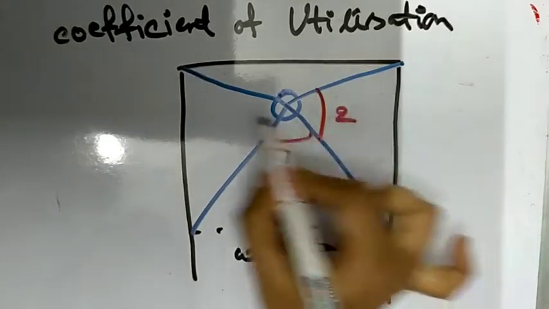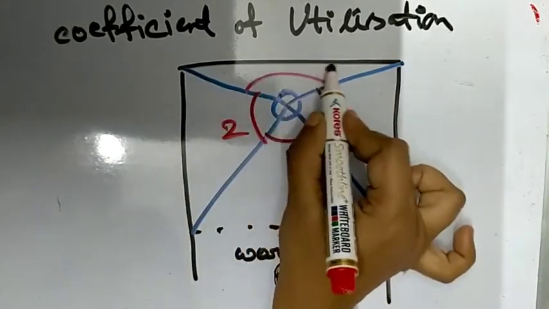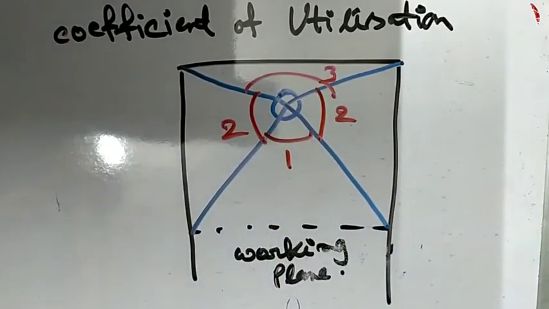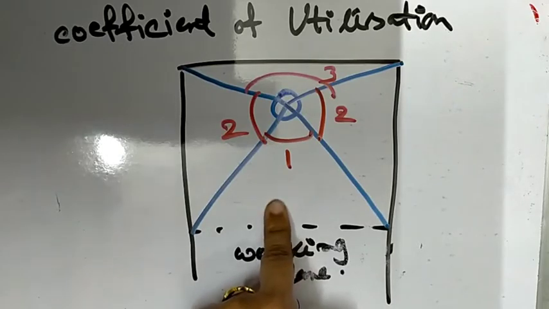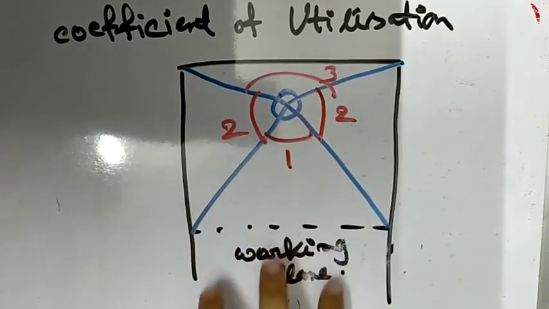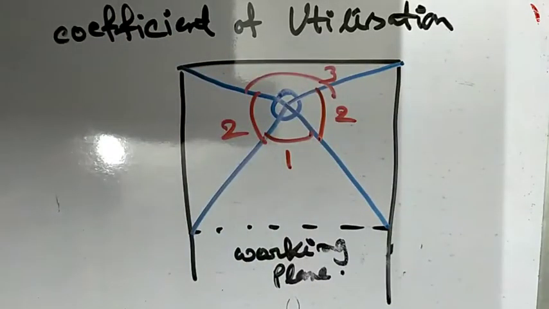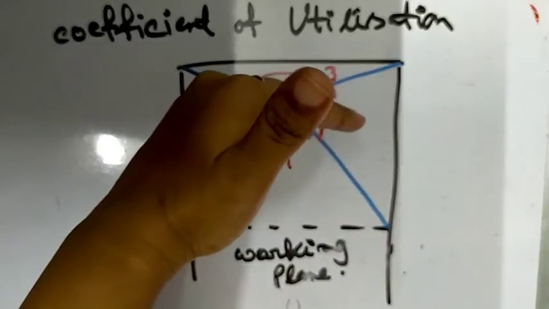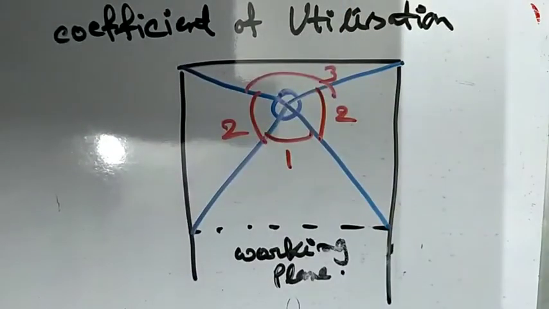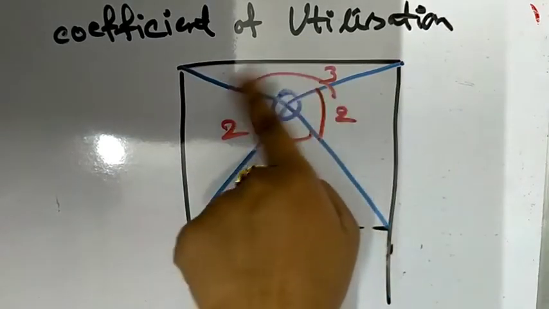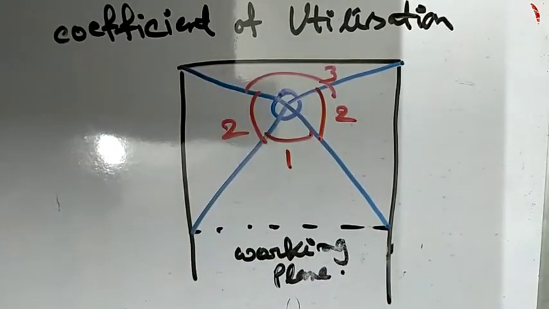Now some portion of light falling within angle 1 will reach the working plane directly, while another portion of the light will go to the walls, falling within angle 2, and some of the light goes to the ceiling, falling within angle 3. Out of this portion of light, some will be reflected to the illuminated surface.